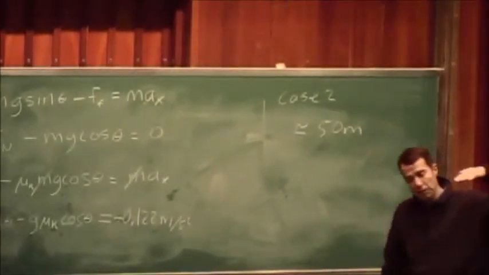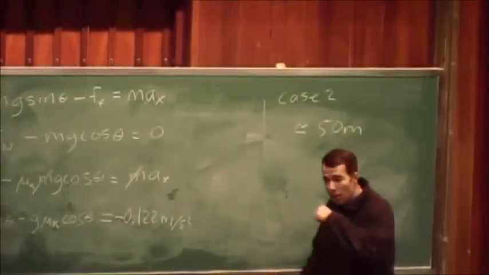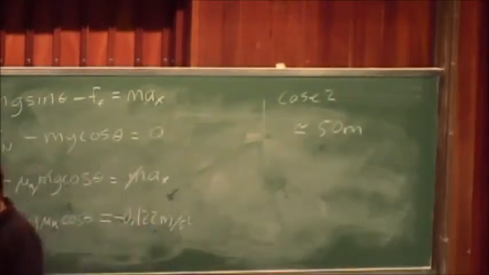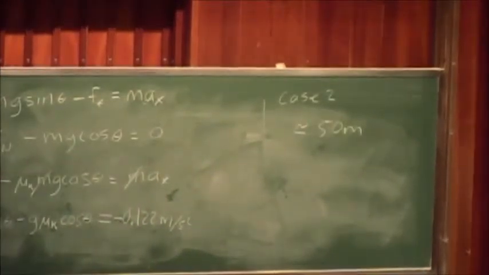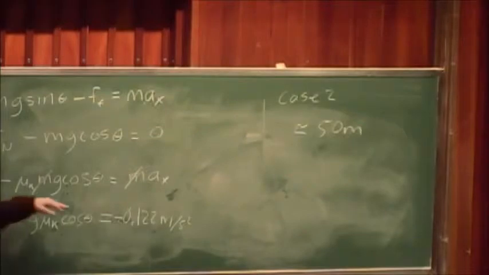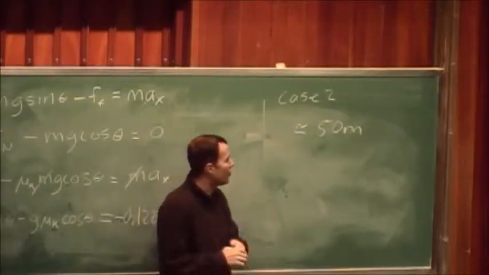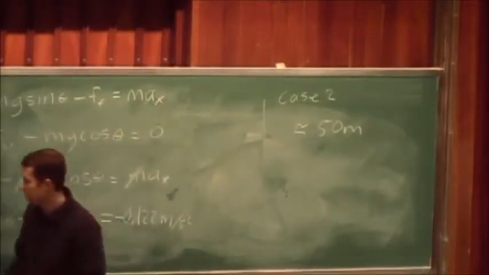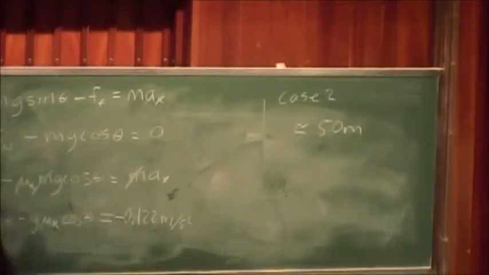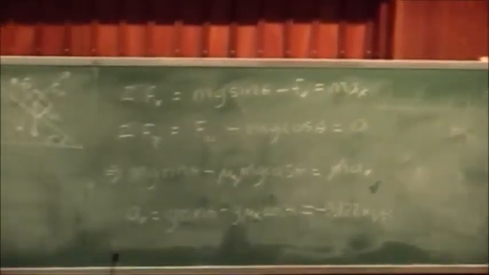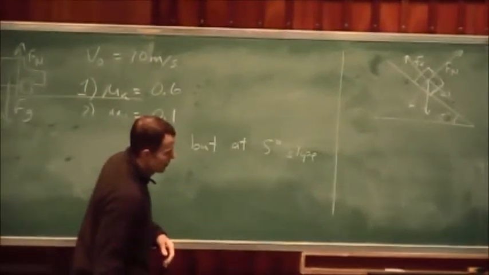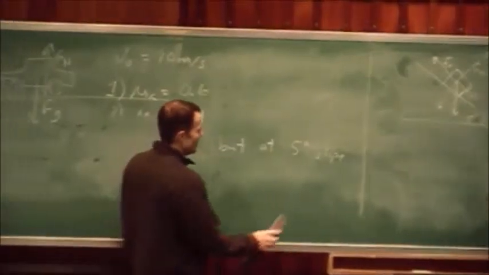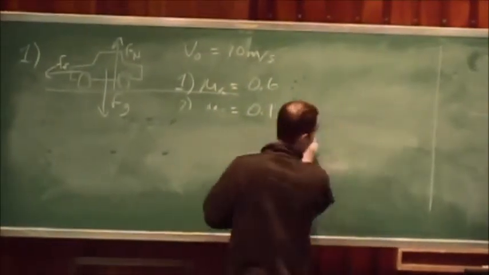So going down a 5-degree slope, with the same mu k as on the flat, it took 8 times further distance, 400 meters for this to stop, which is a pretty incredible result. And if this had been 6 degrees, my guess is it would just slide almost indefinitely.